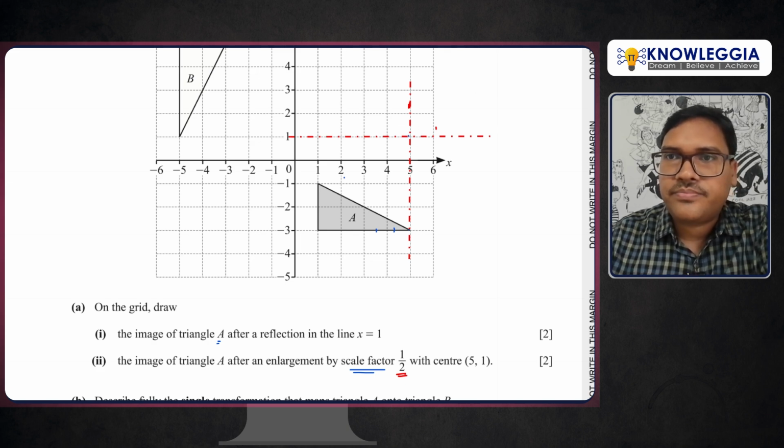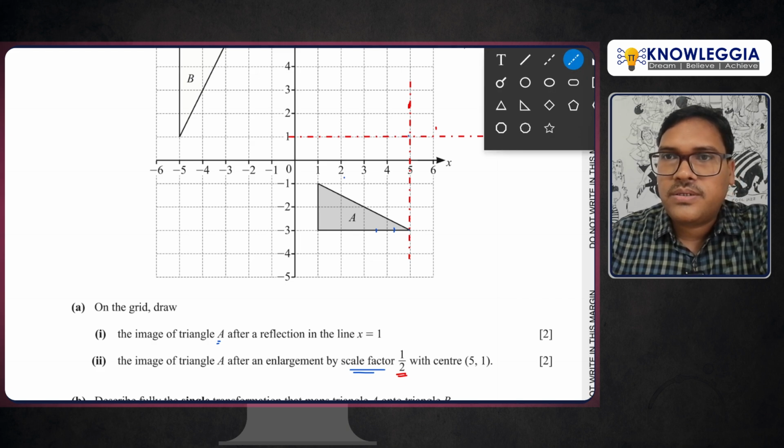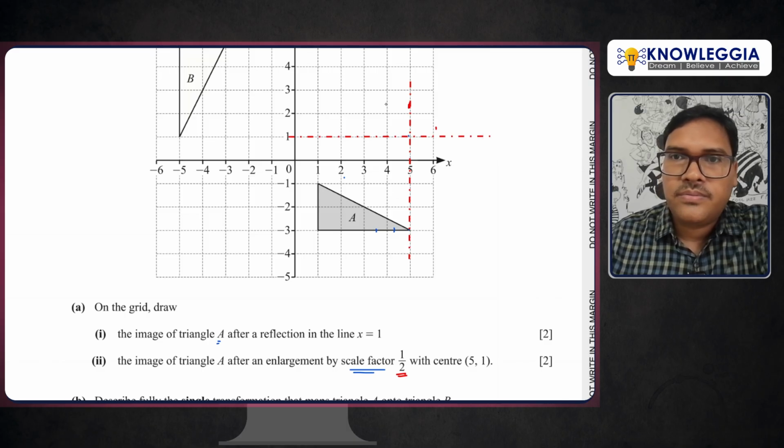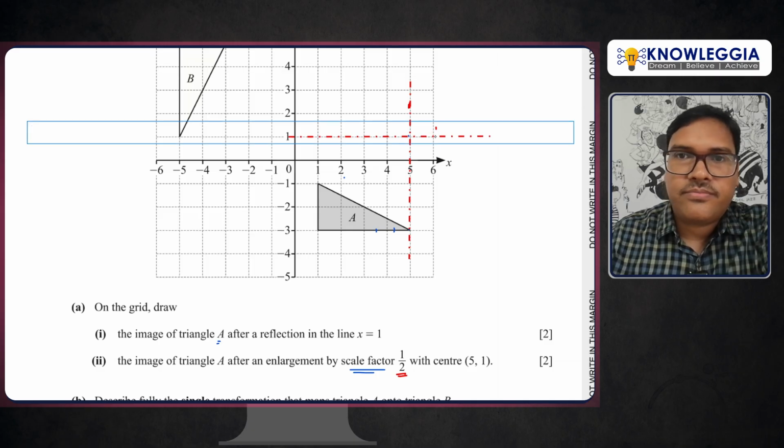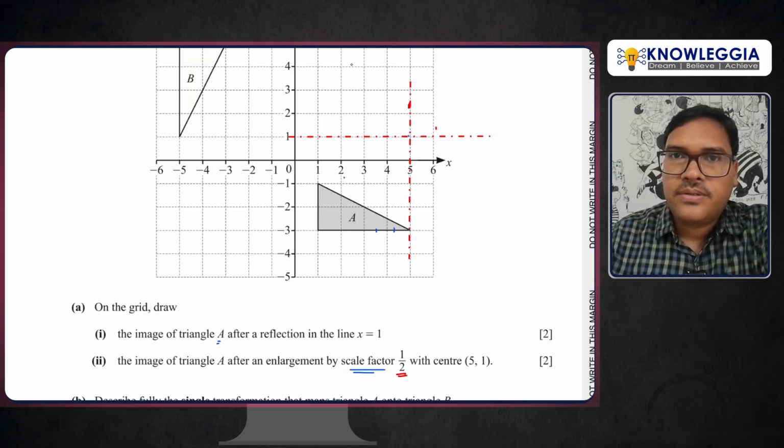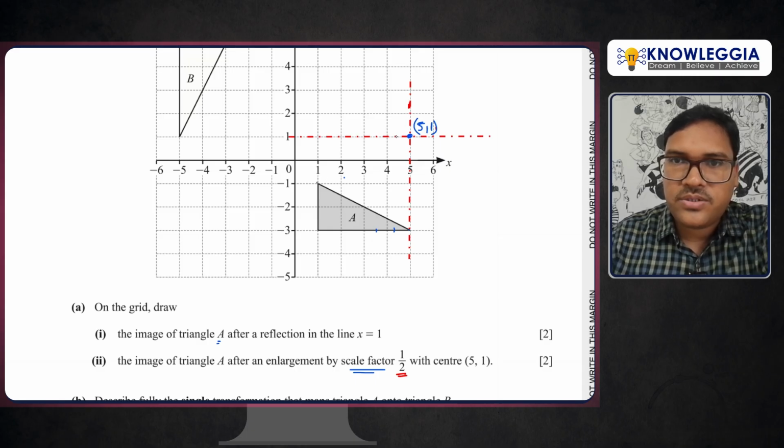So basically, this is the point 5 comma 1, correct? Now if this is the point 5 comma 1, which is origin, what is the coordinate of this? So you can see this is 1 2 3 4, 4 units on the left side and 1 2. So with respect to 5 comma 1, this is 4 and this is minus 2, 4 comma minus 2.